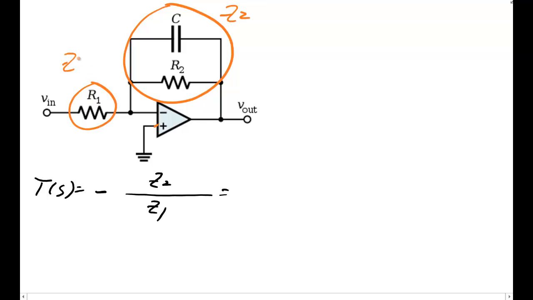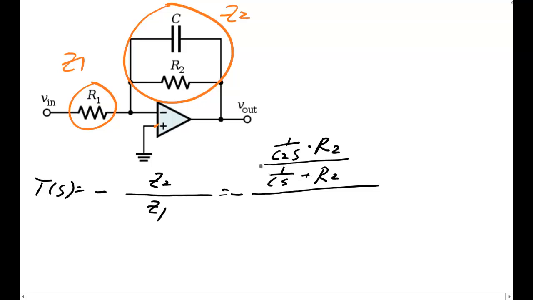This one's Z1. So let's say minus the two in parallel, so the product divided by the summation, C2 s plus R2, with subscript C2, so let's erase this, over Z1.